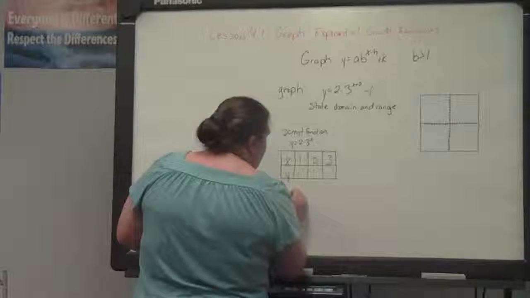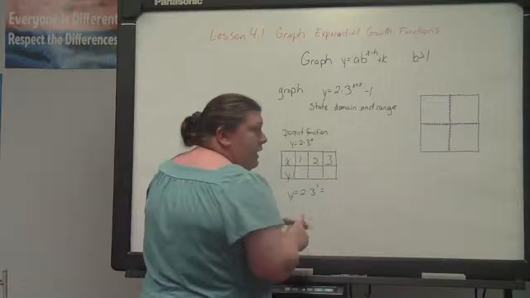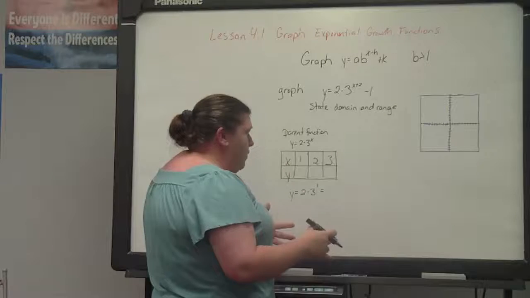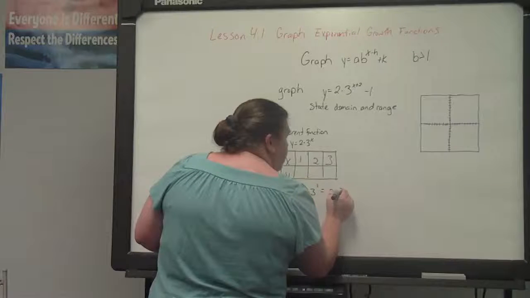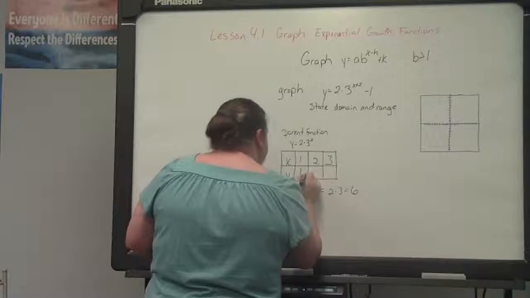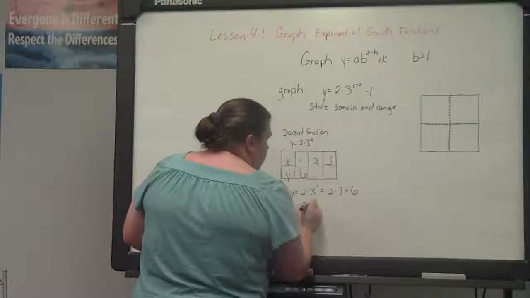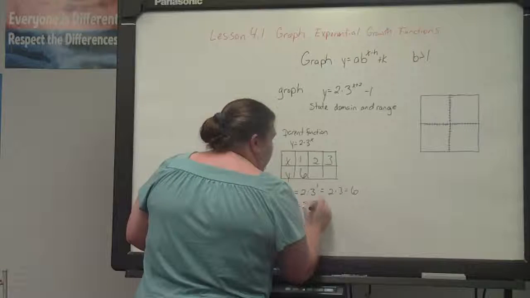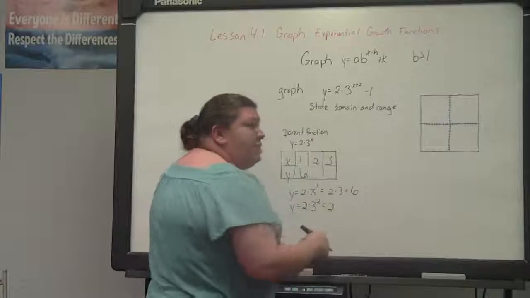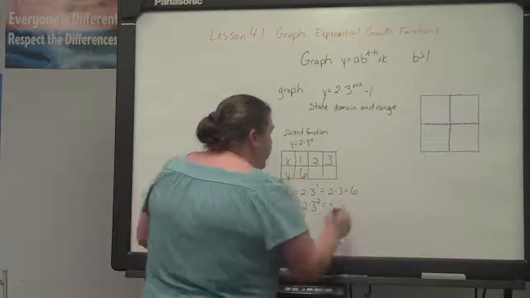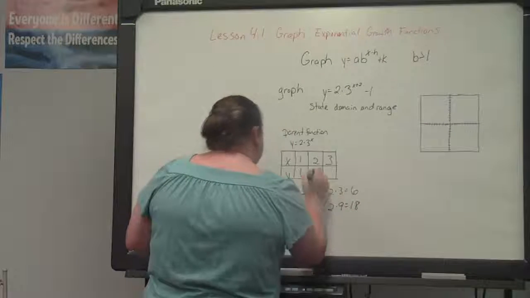So I want to say y equals 2 times 3 to the first power. Again, everything to the first power is going to be itself. So I can say this is 2 times 3, which gives me 6. Again, I want to solve it. This time I want 2 times 3 to the second power. 3 times 3 gives us 9, so 2 times 9 gives us 18.